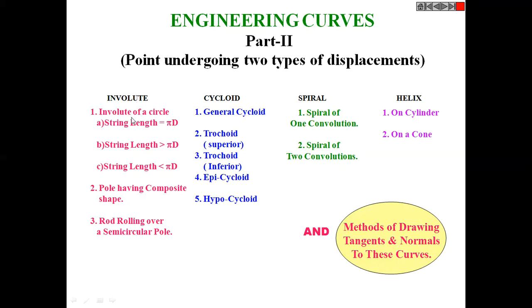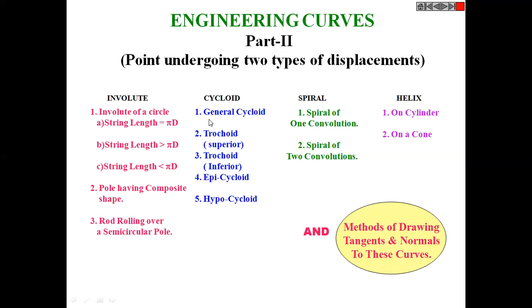Involute means involute of a circle, that means the path traced out by the point for one revolution of the circle.